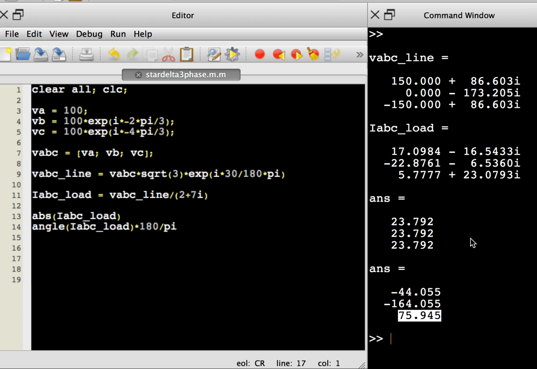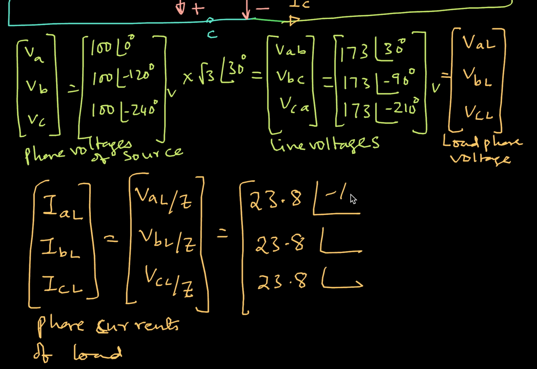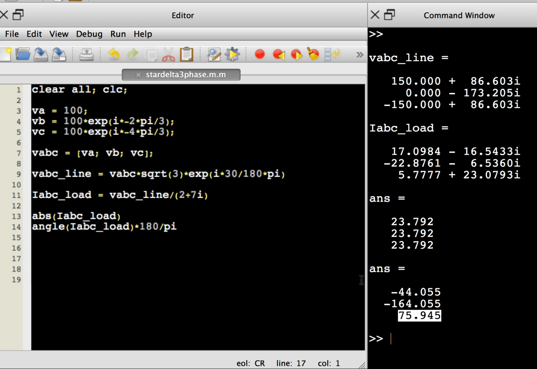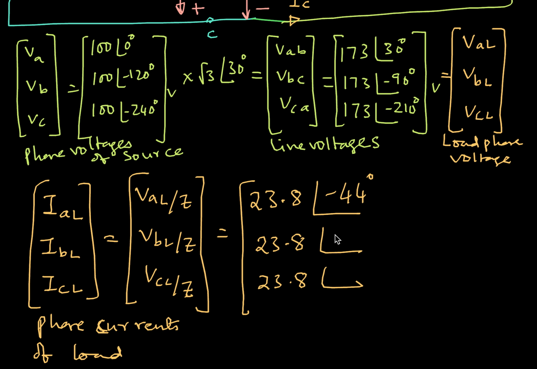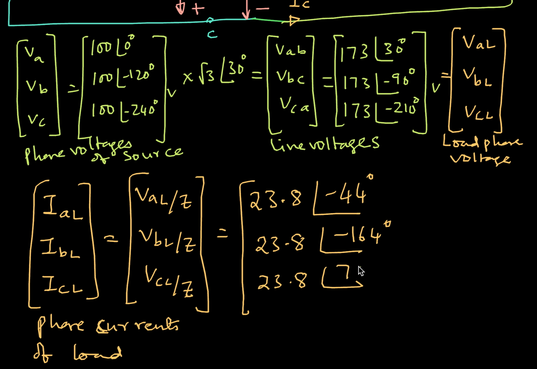Let me record this answer. I got these three currents, just now I calculated, divided by Z. 23.792, I'll round it off to 23.8, and the angles are minus 44 degrees, minus 164 degrees, and 76 degrees.